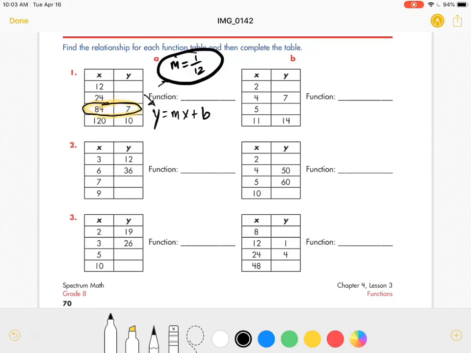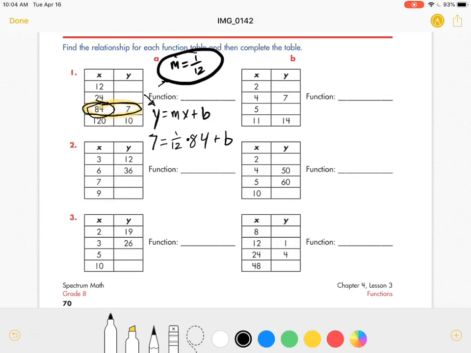So in the pair that I chose, where y is 7 and x is 84, I'm going to say 7 for y equals 1 over 12, because that's what m is. And then I'm going to plug in the value for x. So times x, which is 84 in this case, 84 plus b.